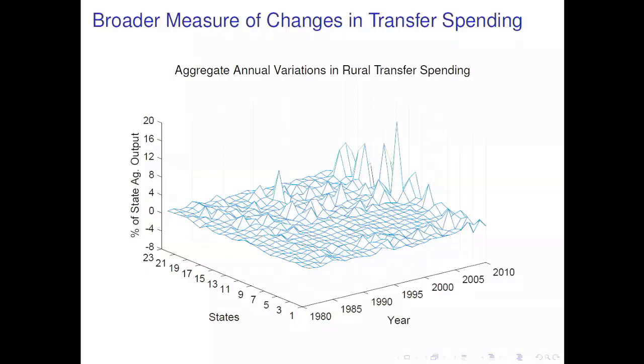Some of the spikes you're seeing here might just be because in an already implemented program, the state of Andhra Pradesh suffered a drought or a flood, and to assist that state, the government injected more funds. So this is endogenous. If you regress agricultural output on this series, you'll get spurious, biased results. But it's useful nonetheless.